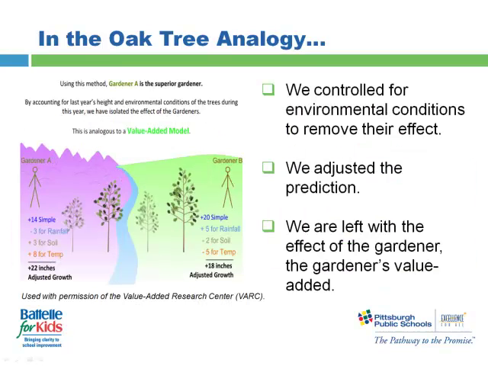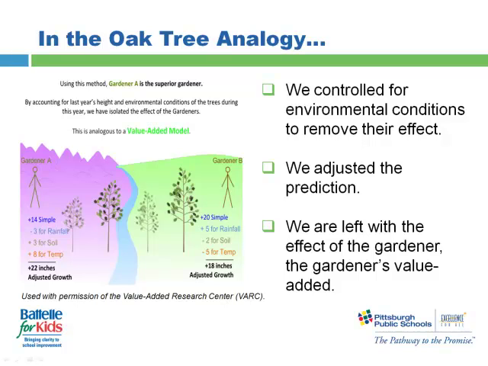Last, we explored value added by measuring the average growth of all trees in the area to establish a growth prediction. Then we controlled for environmental factors that affect the growth of trees and adjusted the prediction for an apples-to-apples comparison of the effect of the gardeners on the growth of their trees.